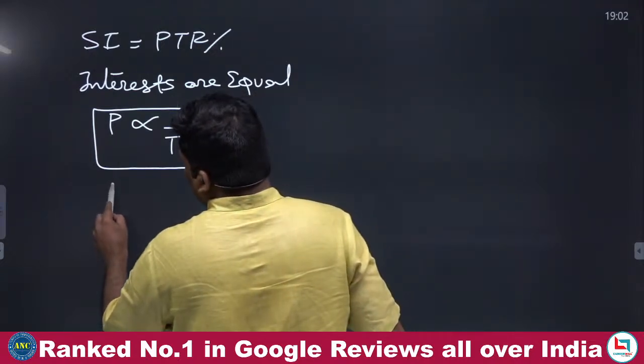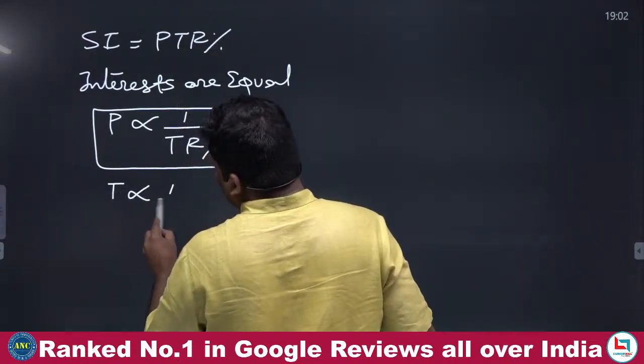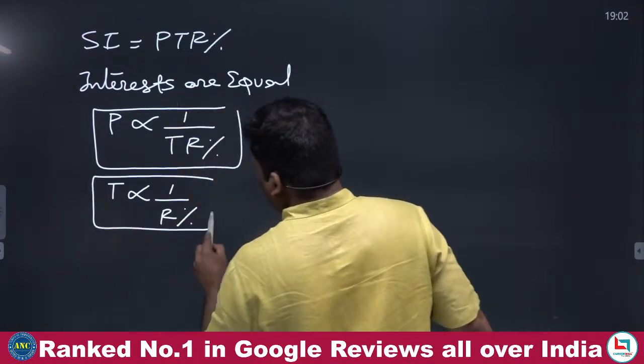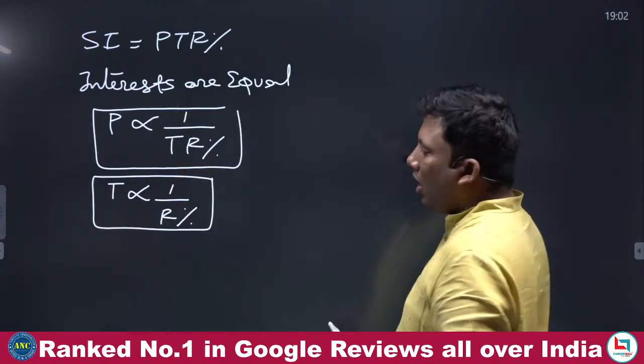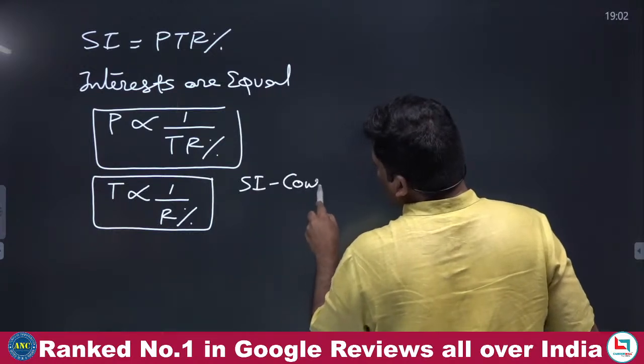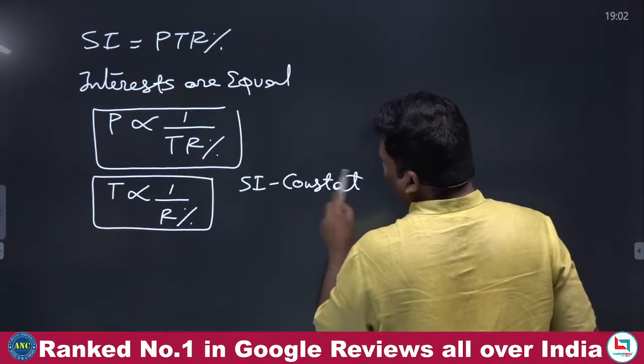Similarly, T is inversely proportional to R percentage if SI, interest, is constant, and principal is also constant.